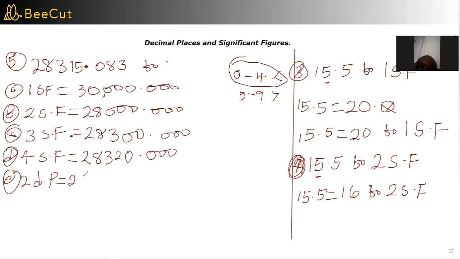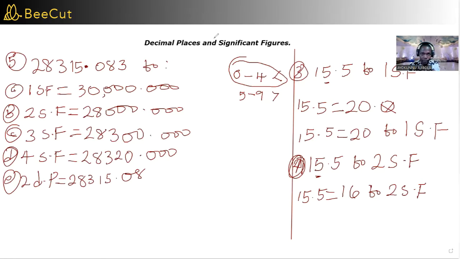Okay. That is to 2 decimal places because we are stopping at the second digit after the decimal, but this 3 is not able to change 8 to the next figure. So that is correct. We're going to look at more examples now.